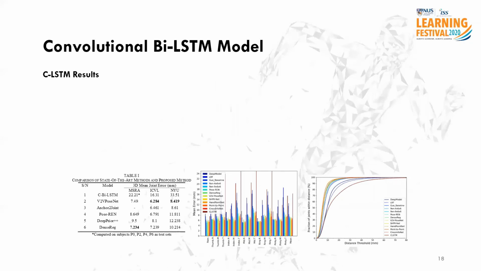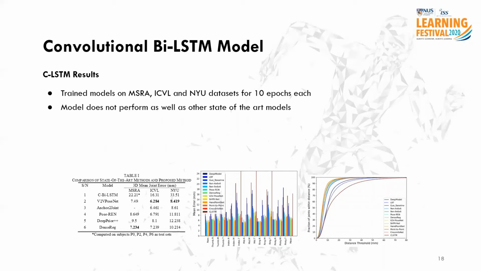This model was trained using the MSRA, ICVL, and NYU datasets for 10 epochs each, and was tested using the testing sets that came with each dataset. However, based on the benchmark metrics, the model did not seem to perform as well as some of the state-of-the-art models.